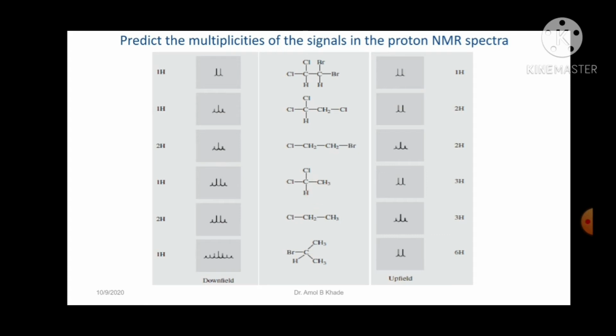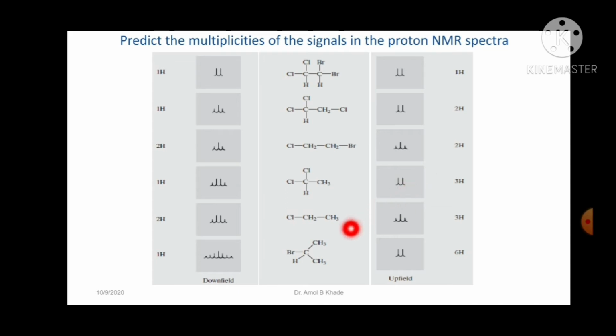Then the fifth one, here we can see chlorine, then CH2 and CH3. So here CH3 will be more shielded and the neighboring carbon has 2 protons, so it will be a triplet here. Then CH2, the neighboring carbon has 3 protons here, so it will be a quartet, and because of the chlorine it will be more deshielded.